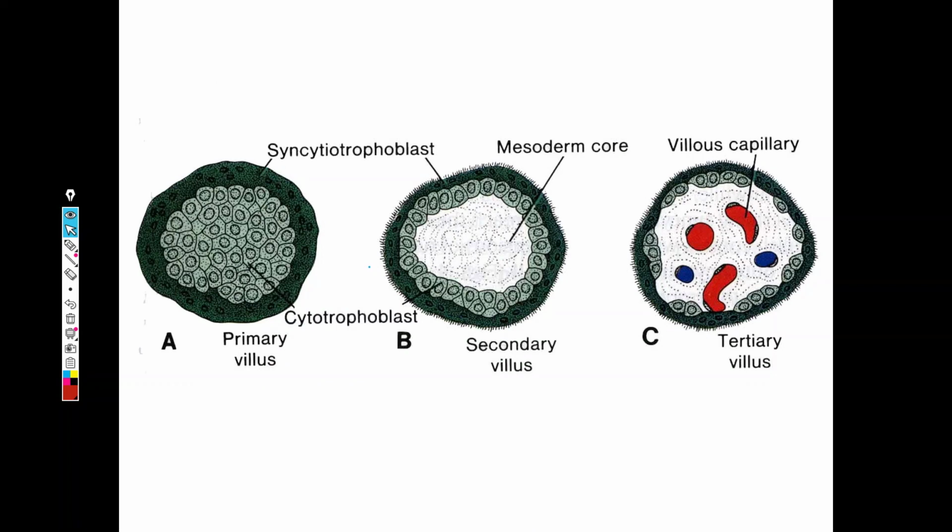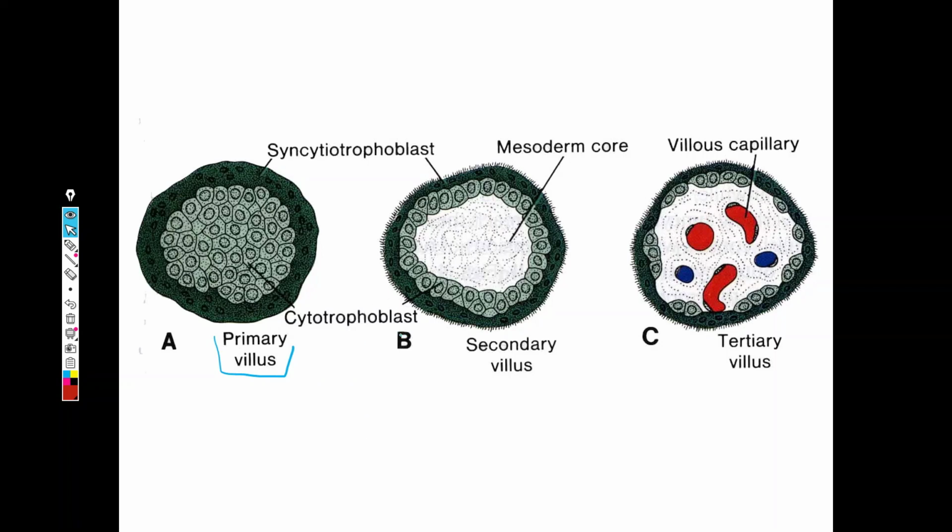So here we can see the development of chorionic villi. At first, they are only made of trophoblast over here, so it's type A. On the surface there is a syncytium, and inside we have a cytotrophoblast. This villus is called primary villus.